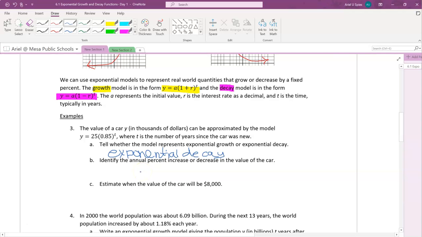B wants me to find the annual percent increase or decrease in the value of the car. So what I want to do here is take 1, because 1 was part of the equation, and then subtract 0.85 to figure out what percent change it has.